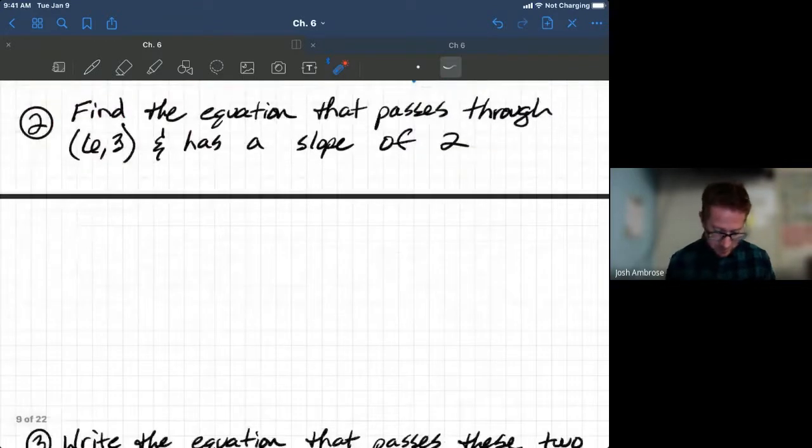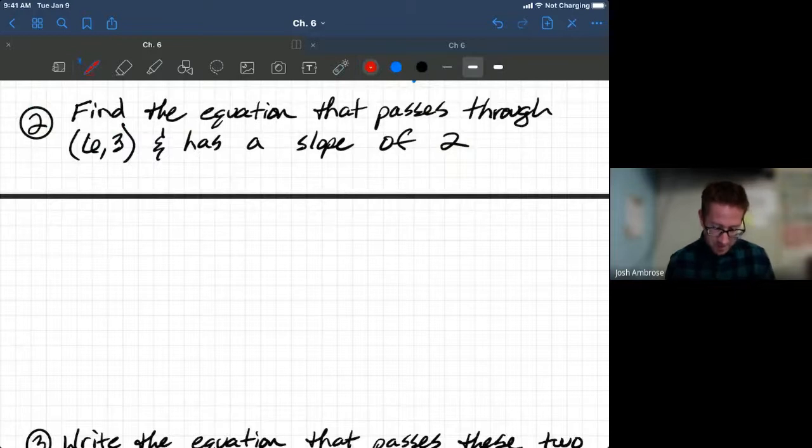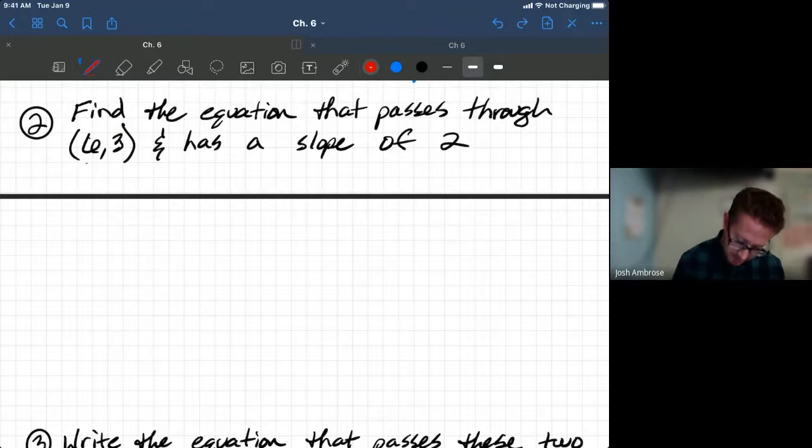All right, let's move into example 2. So find the equation that passes through this point right here and has a slope right there. Okay, so the next thing that we are going to want is we have our x value, we have our y value, we have our m value.